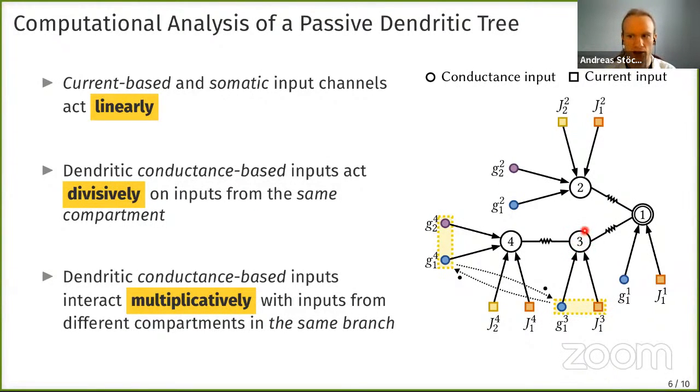And in the two compartment model, there was essentially only one compartment that was separate from the soma. So you only have this divisive interaction between the two input channels. But in the three compartment model, essentially ignore this branch up here, you actually get multiplicative interaction between the conductance based inputs, and that just falls out of the math after you've derived this multivariate nonlinearity function H.